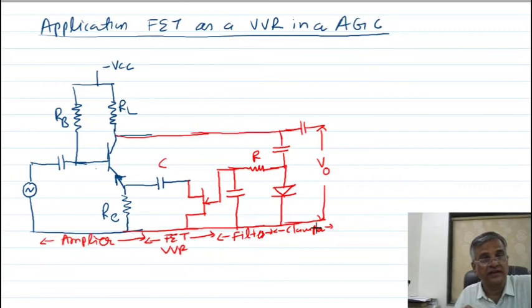Look here, the working we want to discuss is the automatic gain control circuit, which means the gain of this circuit remains constant. In other words, if the input increases, the output remains constant, and if the input decreases, the output remains constant.